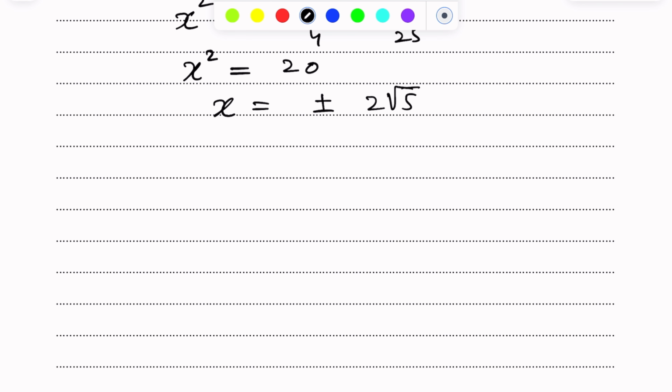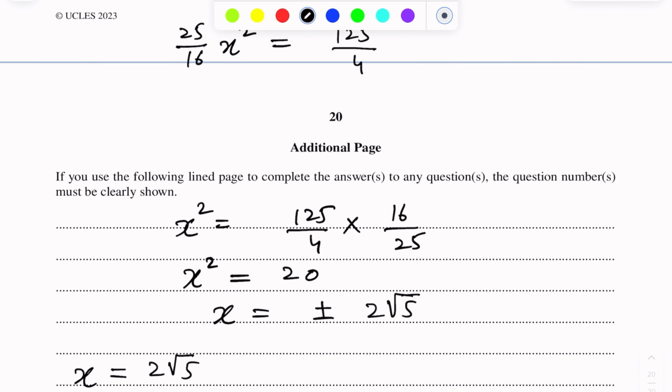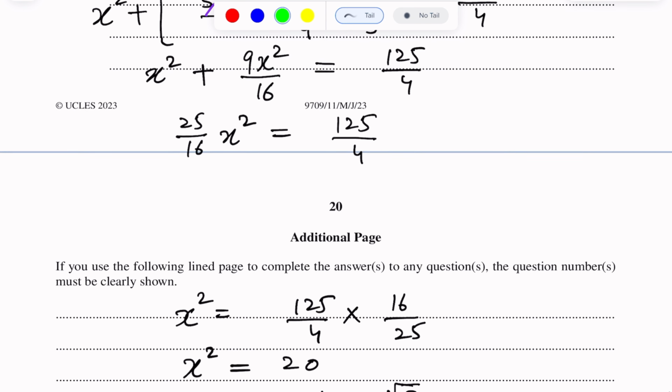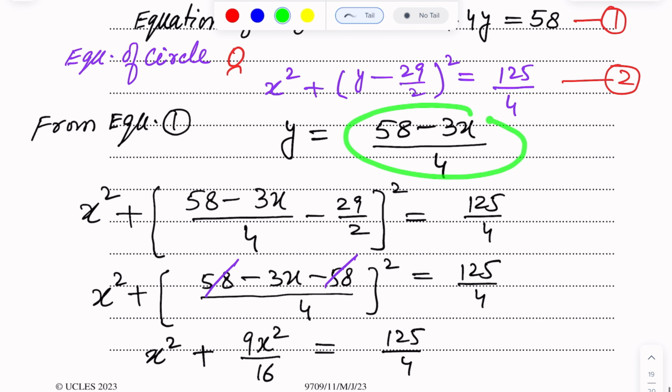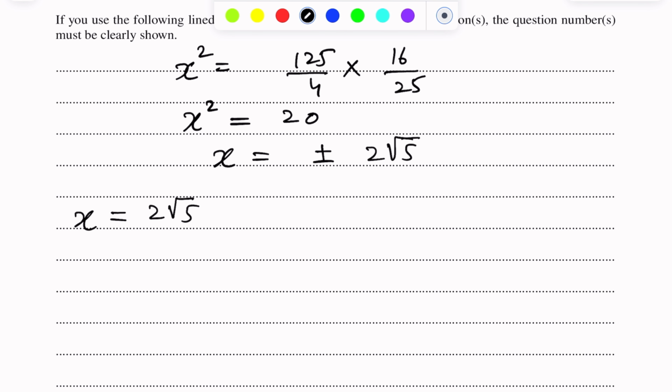So when x is equal to positive 2 under root 5, putting this value of x here, we get y is equal to 29 minus 3 under root 5 over 2.